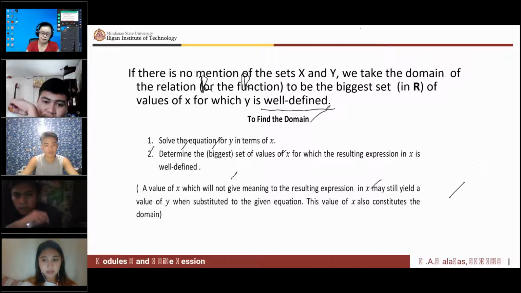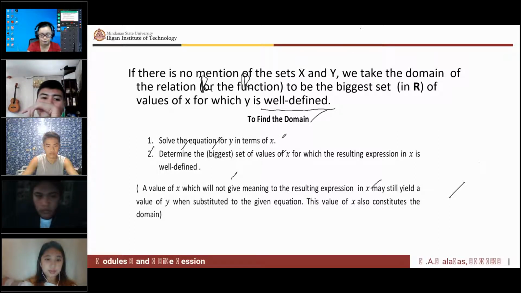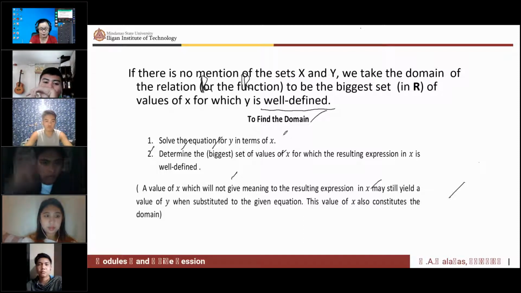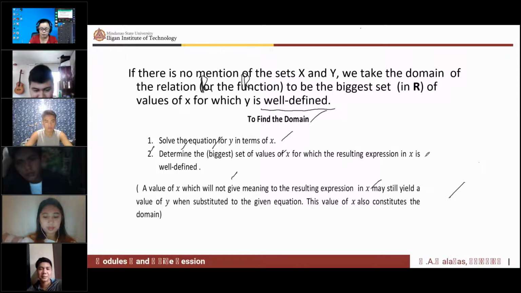So how do we find the domain? Here is a helpful procedure to find the domain. We solve for y in terms of x, and then we look at the form of the equation.